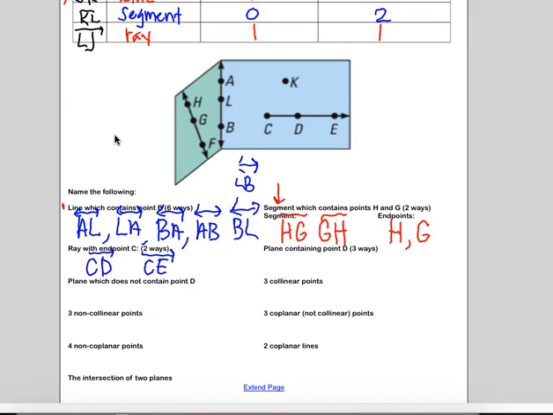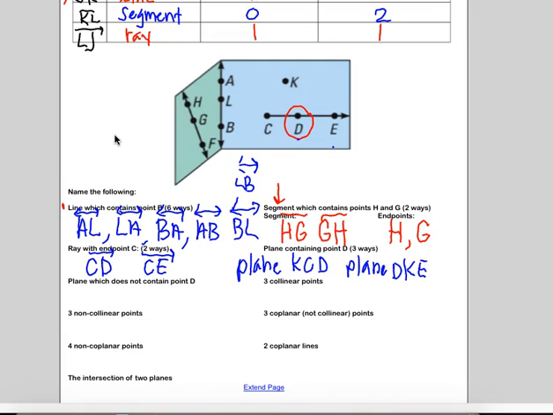Okay, plane containing point D. So here's point D, and remember, when you name a flat surface a plane, you need 3 points, not on the same line, in that plane, okay? So you could name it plane KCD, plane DKE.